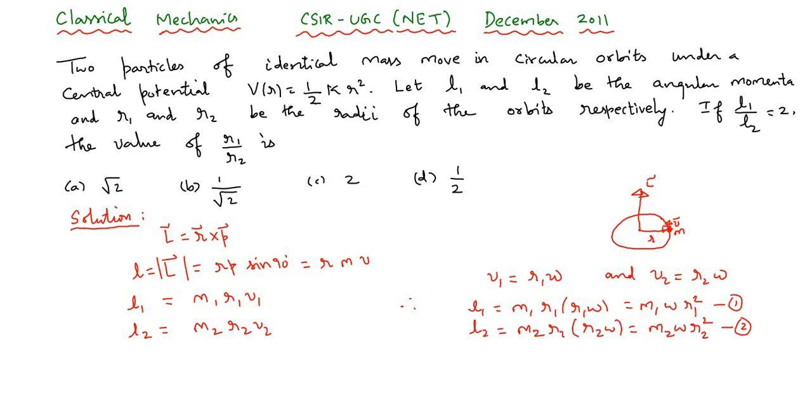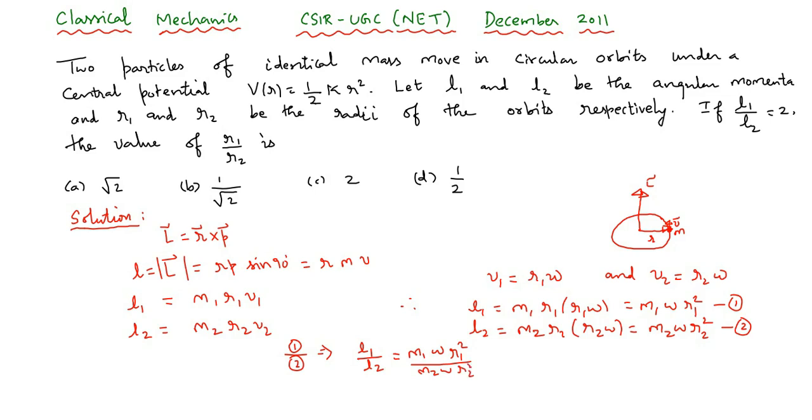Now divide equation number 1 by equation number 2. So L1 divided by L2 can be written as m1 omega r1 square by m2 omega r2 square.